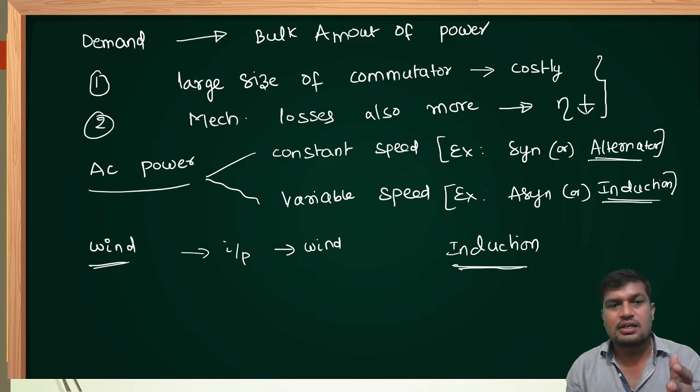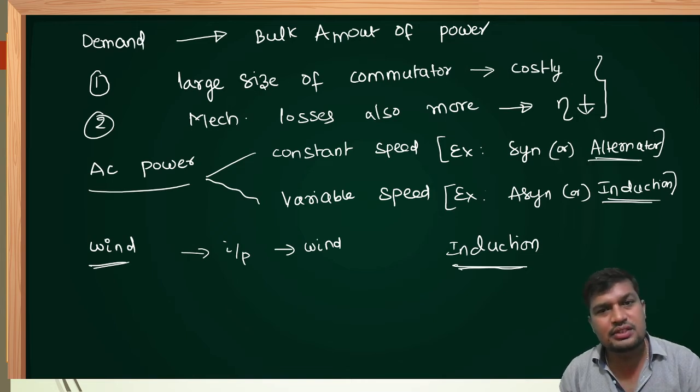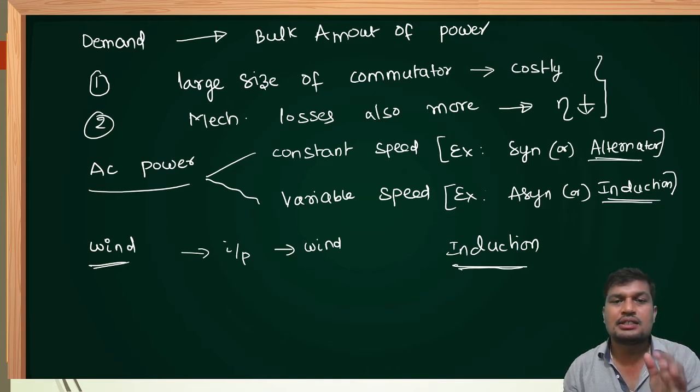So it is very clear. We have understood right now. In order to go for bulk amount of power, we are using AC power generation. In that, in wind power plants we are using induction generator. In remaining power plants we are using synchronous generator. As most of the power we are generating from thermal, most of the power right now in the country is generated from the alternator, also called synchronous generator.